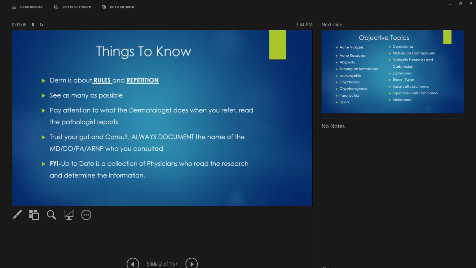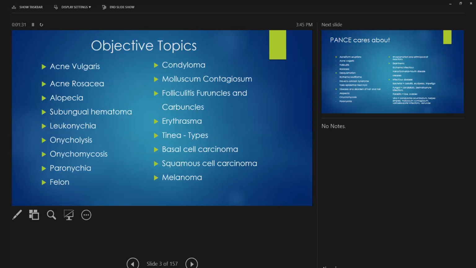Always document who you consulted with. UpToDate is a collection of what physicians have agreed upon based on research, but it is definitely not the only way to treat things, and there are going to be preceptors that do things differently throughout your career.